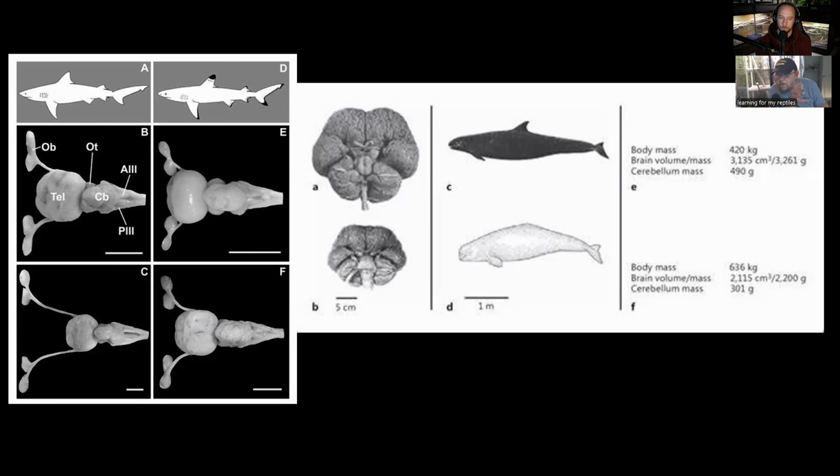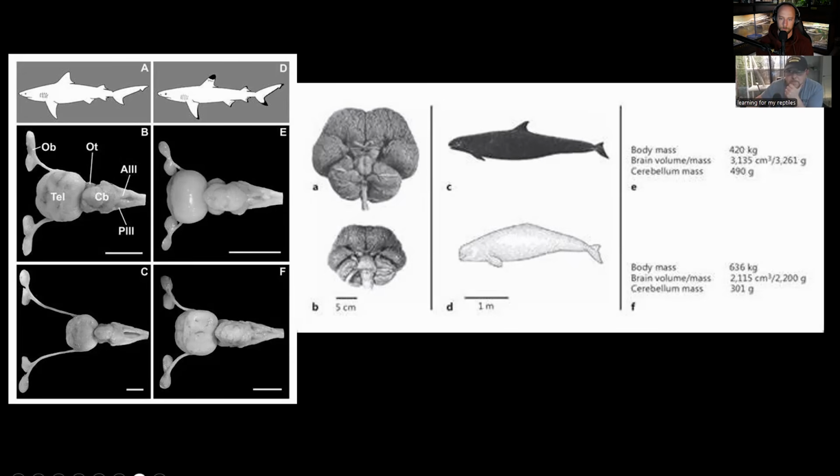The second hump is their instinctual brain, the sight, what dissects their sight. And then the third hump is the cerebellum, which is the motor control.